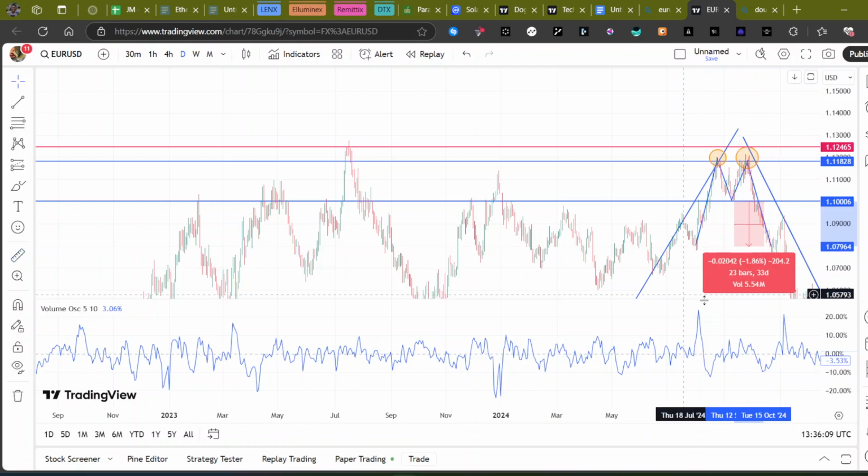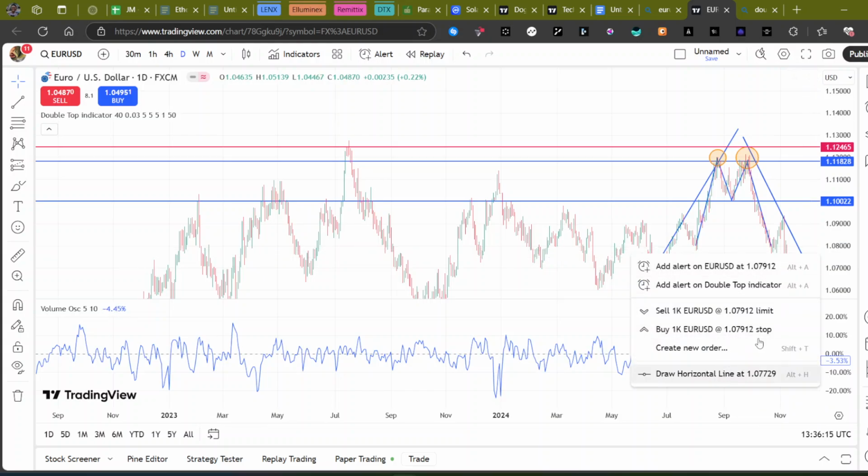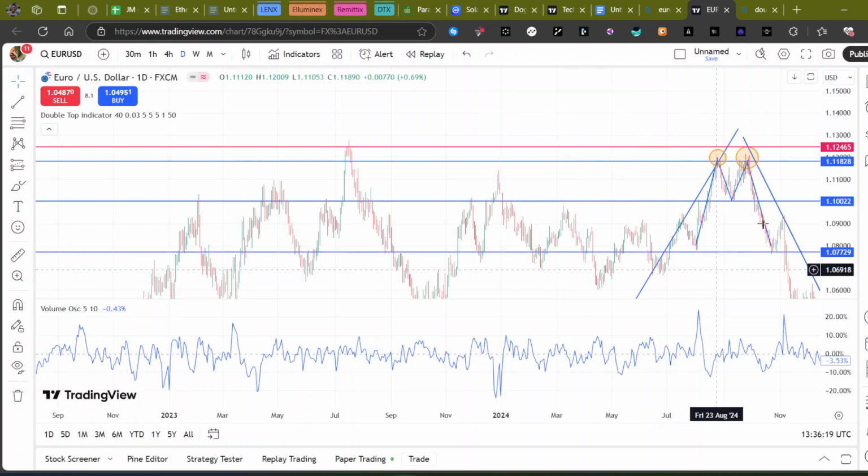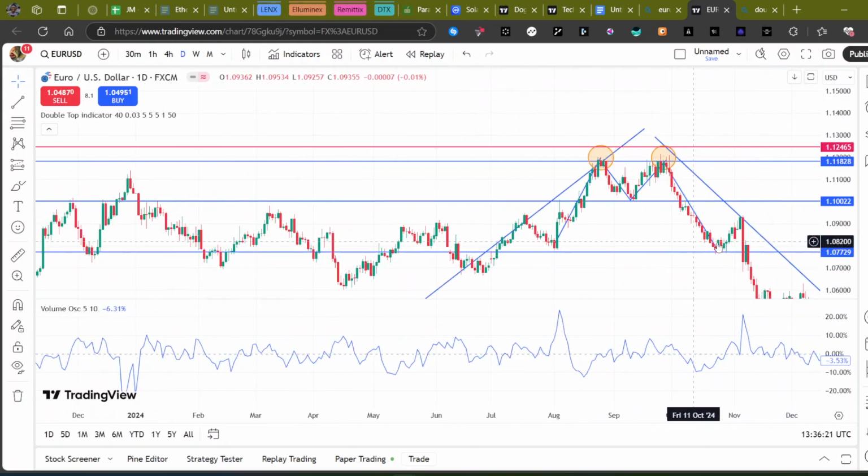You can see we have a support around there. So this would have even been a perfect place for taking our profits, right around that support. So once you measure the distance between the neckline and your peaks, you target the same distance downward from the neckline for a reasonable price target.